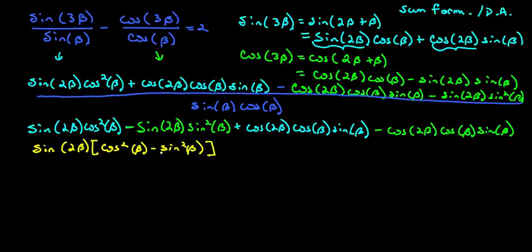Okay, so that's this ugly mess. And over here, I could factor out a cosine beta times a sine beta.